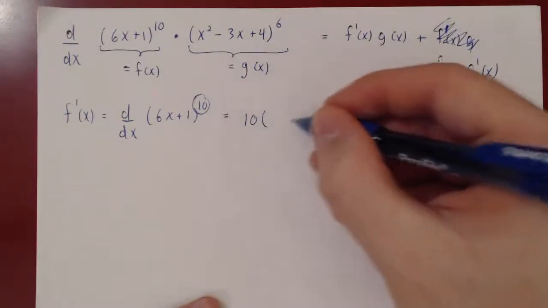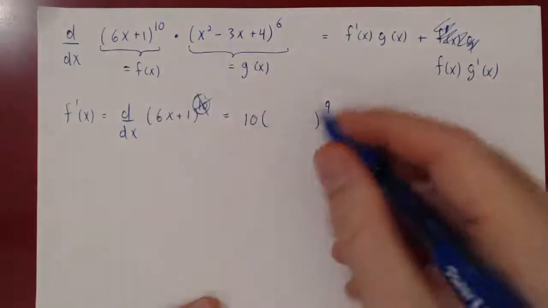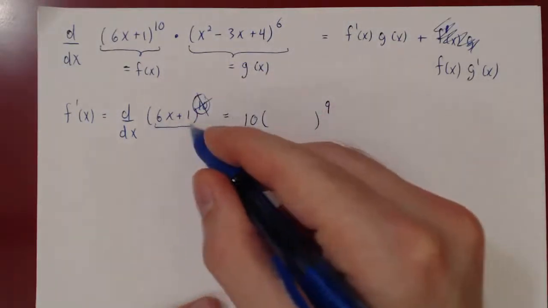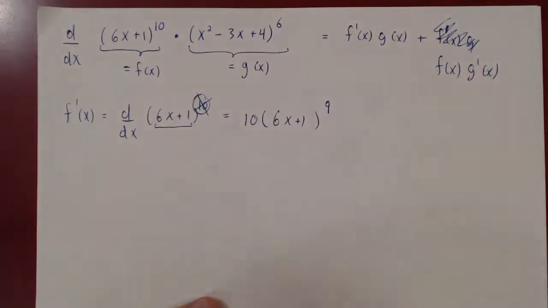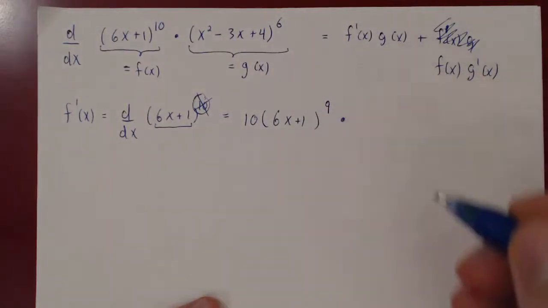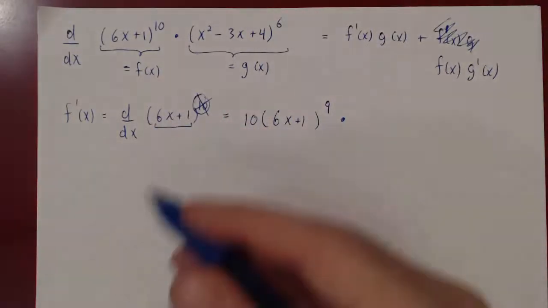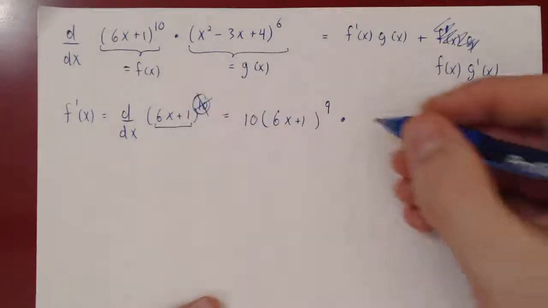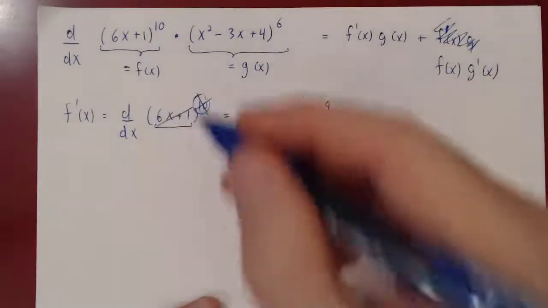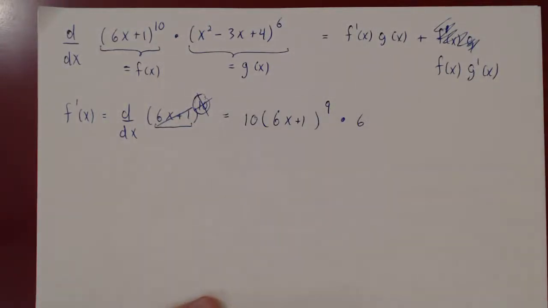We differentiate the outside function with the power rule, and we evaluate at whatever is left over, 6x plus 1. And the chain rule says you have to multiply what you have so far by the derivative of whatever function is left over. We're left over with 6x plus 1. The derivative of this is 6. And now there's nothing left over, so we're done with the differentiation.